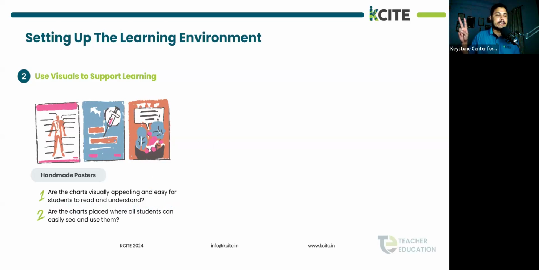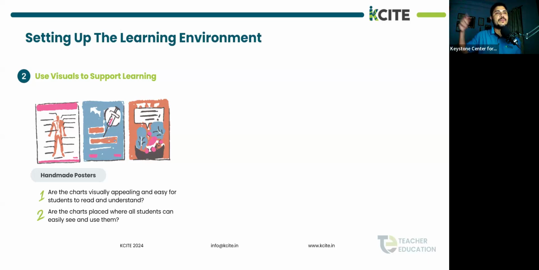And the second mistake is a chart that is full of text, paragraphs. What's the point of having a chart in the classroom with paragraphs on it? What do you want the learners to look at? Do you want them to read the whole paragraph from sitting far from that place?